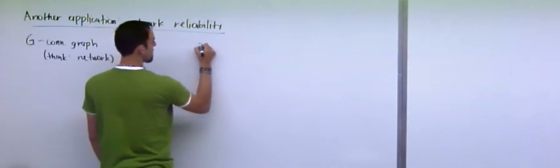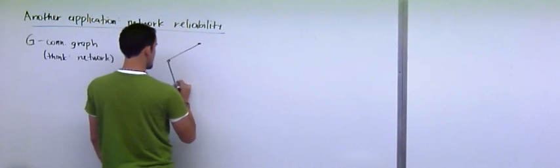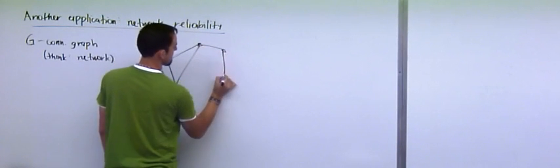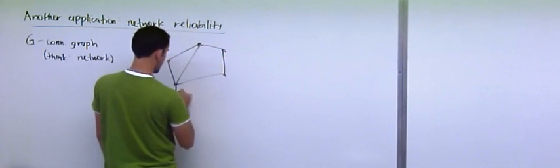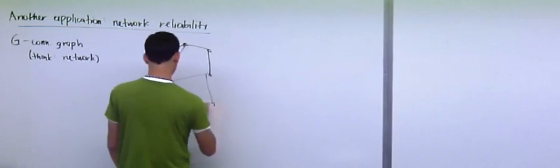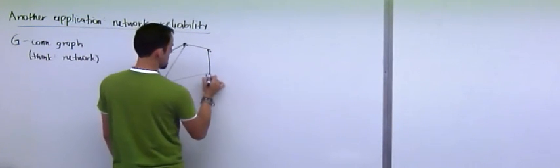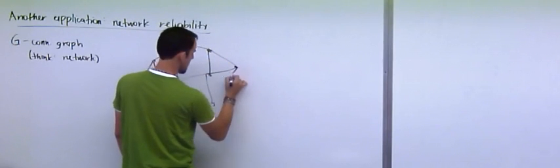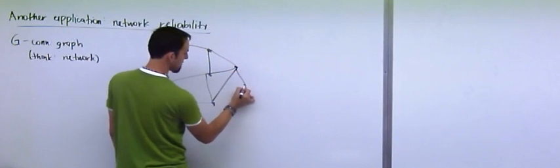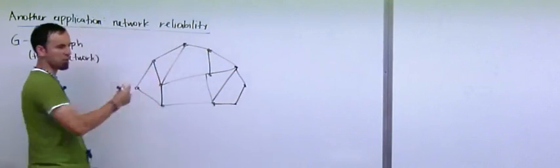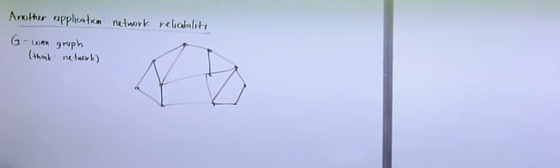So you have nodes, and then you have edges connecting the nodes in some way. The assumption that the graph is connected says that you can go from any vertex to any other one using the edges of the graph.